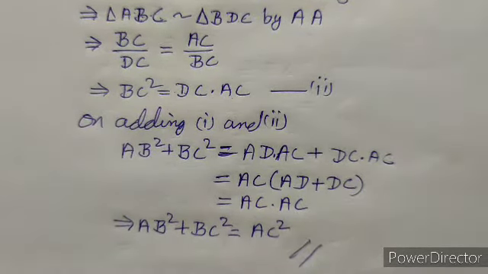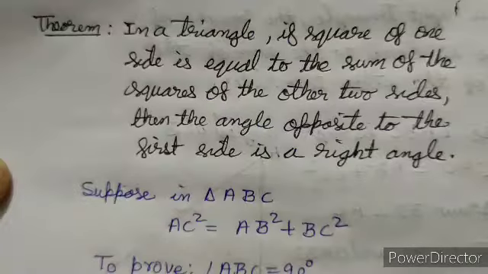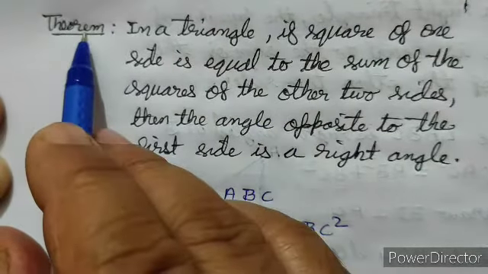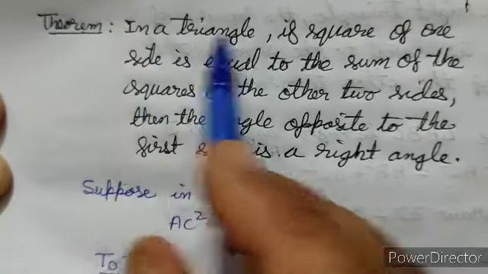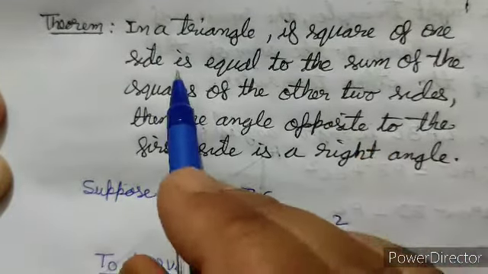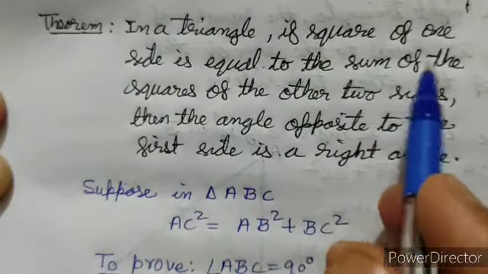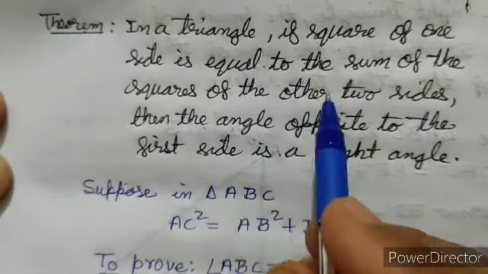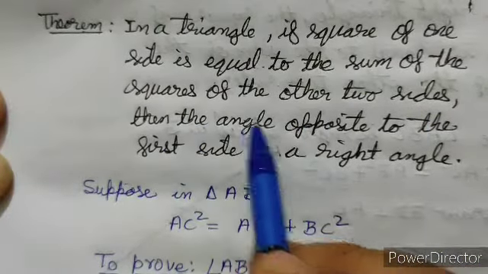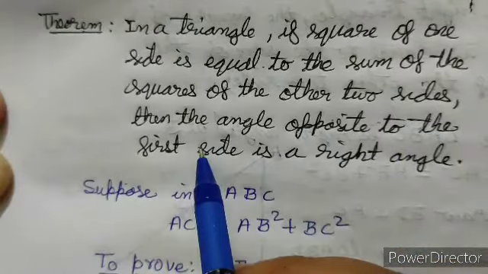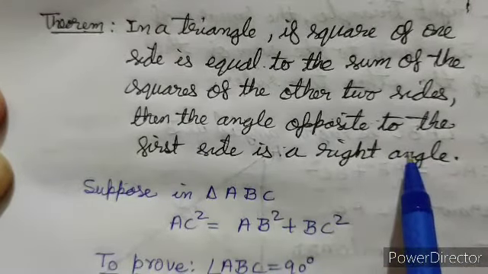Now we will do the converse of Pythagoras theorem. Converse of Pythagoras theorem: in a triangle, if the square of one side is equal to the sum of the squares of the other two sides, then the angle opposite to the first side is a right angle.